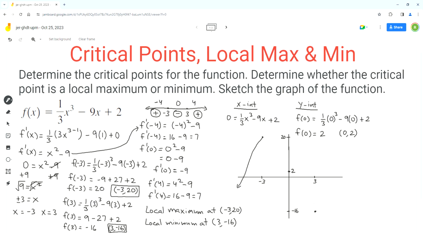So we'll draw a curve that passes through the y-intercept all the way down to the local minimum. And on the right side of 3, the function is increasing. So we draw a curve that goes up from left to right. This can be the sketch of our function.